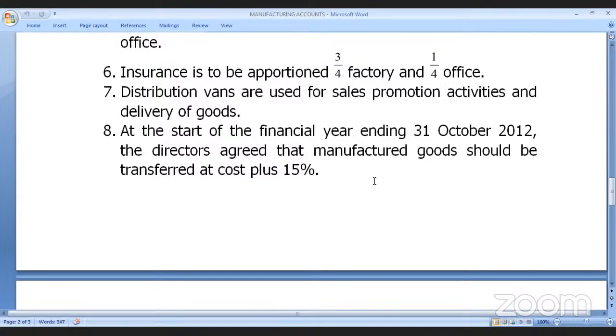So in this case, those goods are transferred at cost plus a markup.